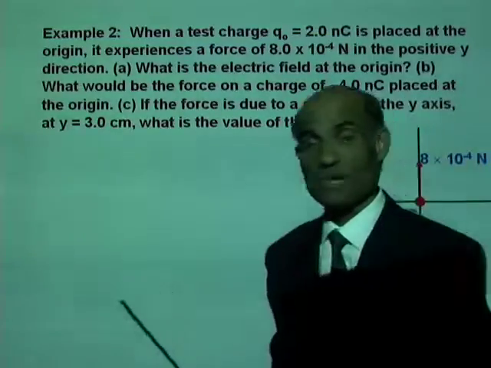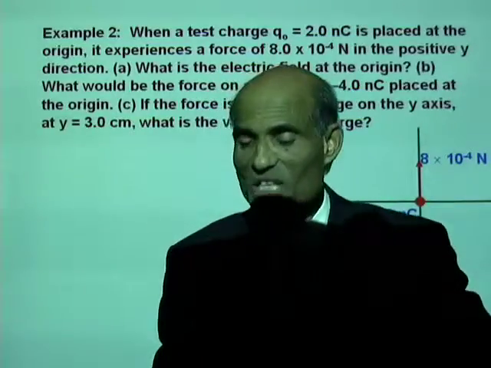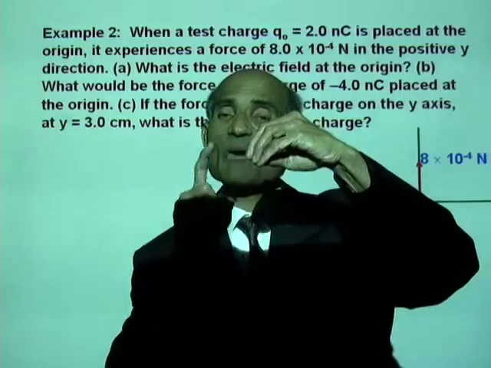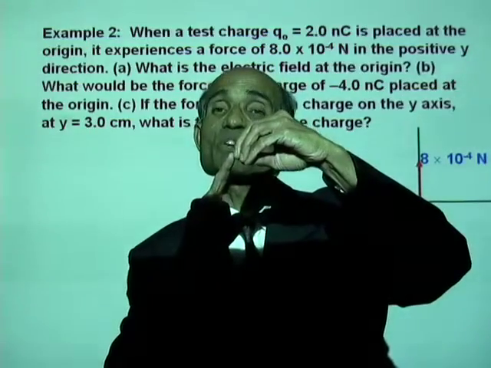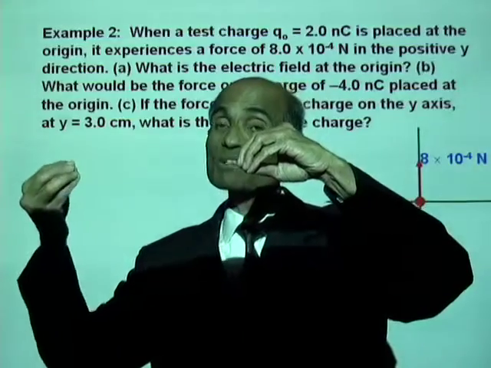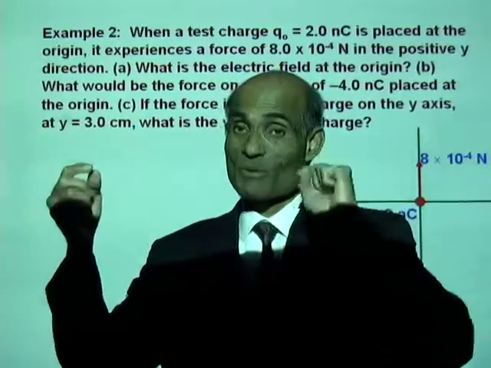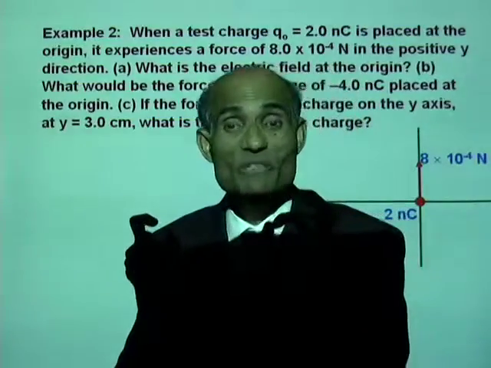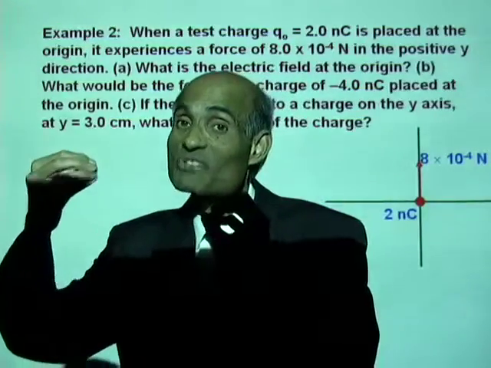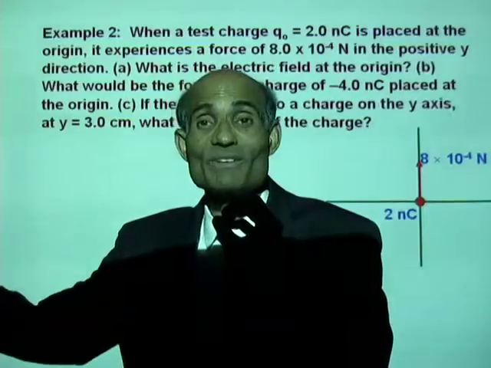Now tell me, if a positive charge is placed in an electric field, what will be the direction in which it experiences a force in relation to the direction of the electric field? Remember, the direction of the electric field is the direction in which a positive test charge would move.